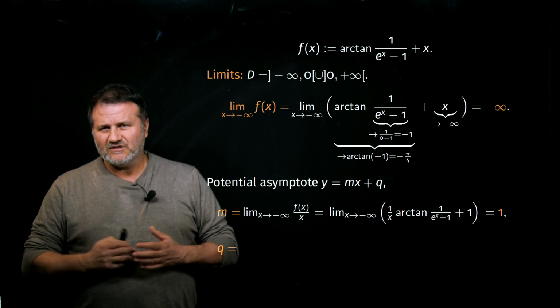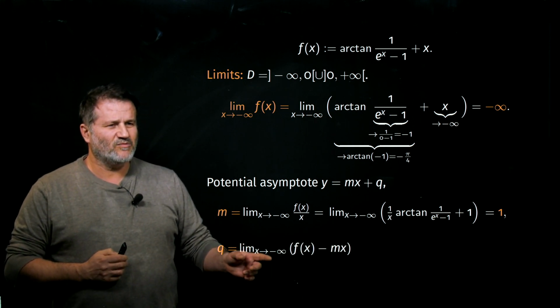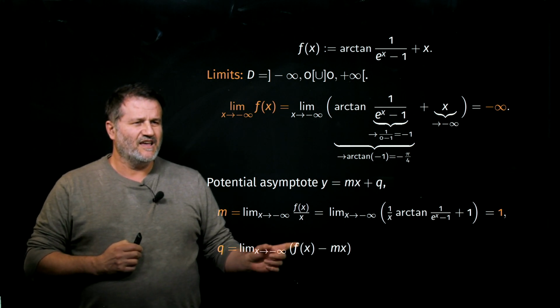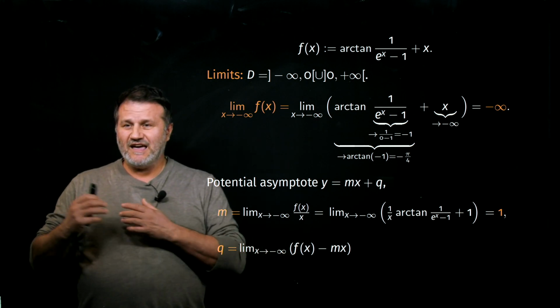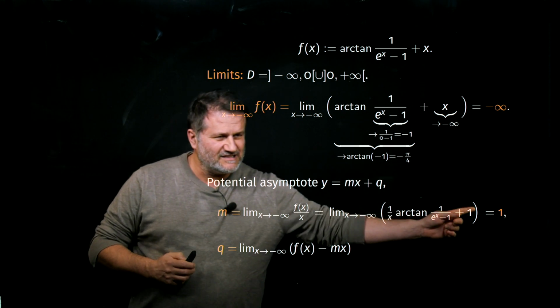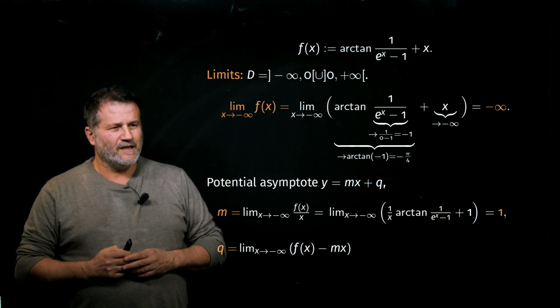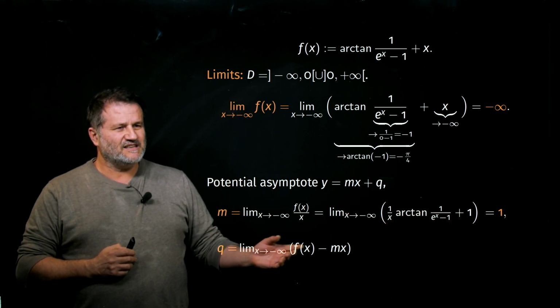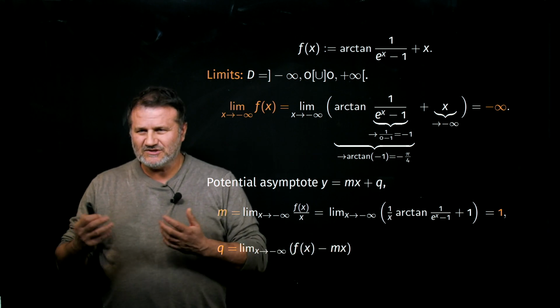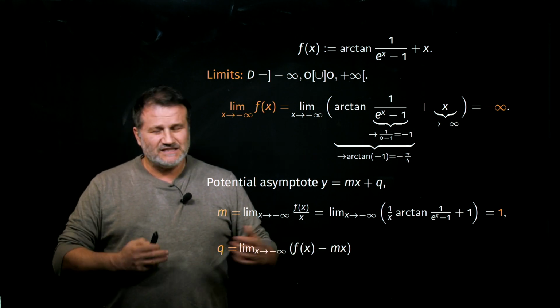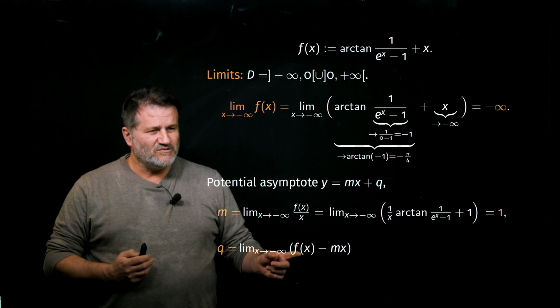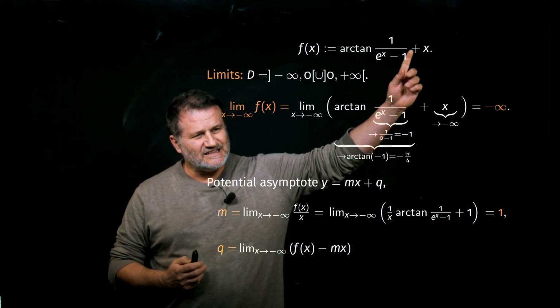q can be computed also by a formula, which is the limit when x goes to minus infinity of f of x minus mx, where m is exactly this coefficient 1. Now, when we compute f of x minus x, you see that this x disappears.